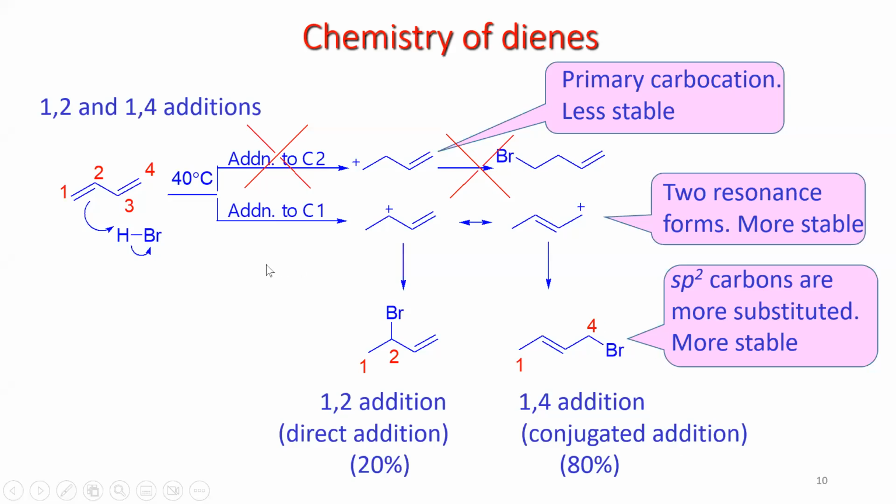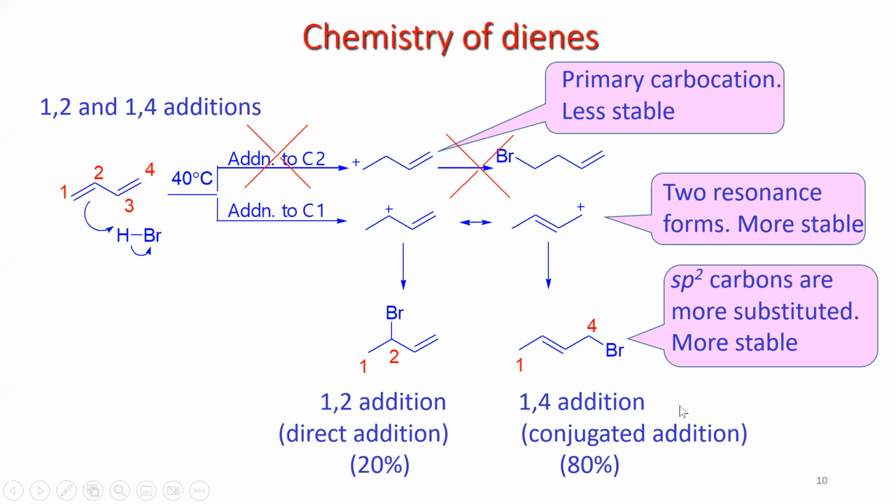And when you perform this reaction at 40 degrees centigrade, you can see more of this 1,4 addition product is present in the reaction mixture, and the 1,2 addition product is 20%. These are rough compositions. But anyway, what we want to show you is you get more 1,4 addition product when the reaction is happening at this particular temperature, right?